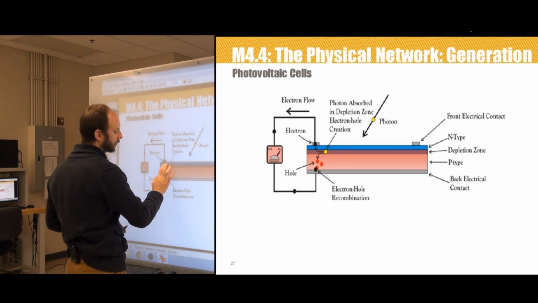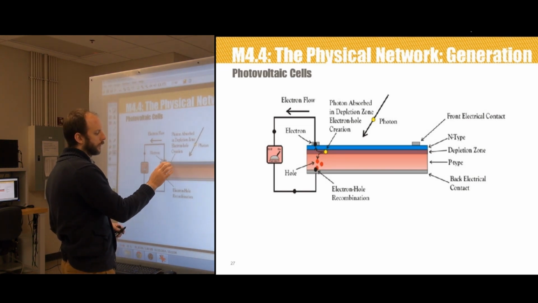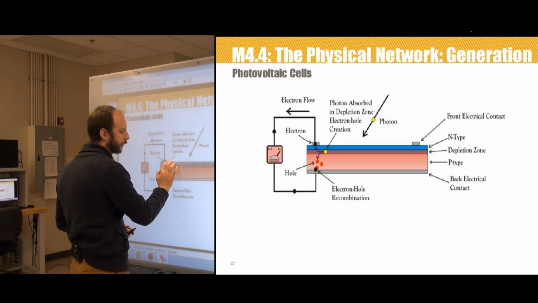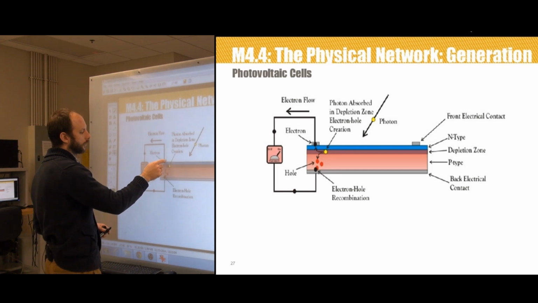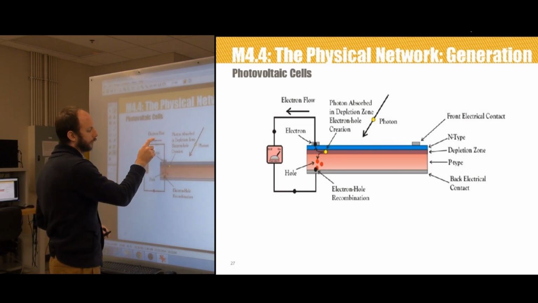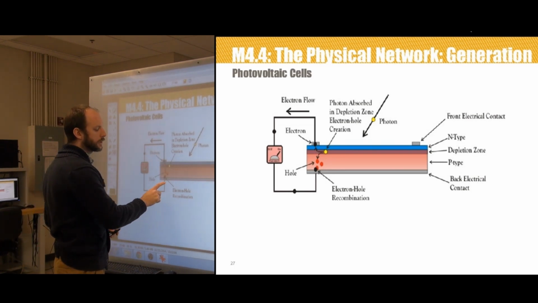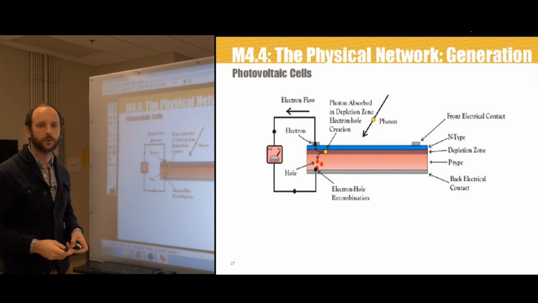The electron is repelled by the charge separation in the depletion zone. We get a buildup of these electrons on the other side. So then we get this charge separation. We put a circuit there, electrons then will flow. Due to the buildup of charge, they'll be attracted into these holes, creating current flow. Electron flow is from the N-type to the P-type, so conventional current flow is in the opposite direction, from P-type to N-type.